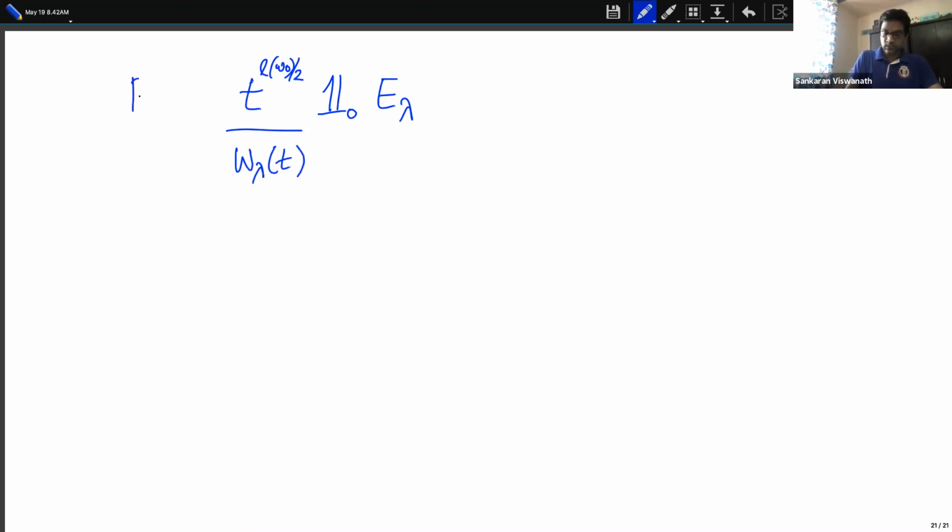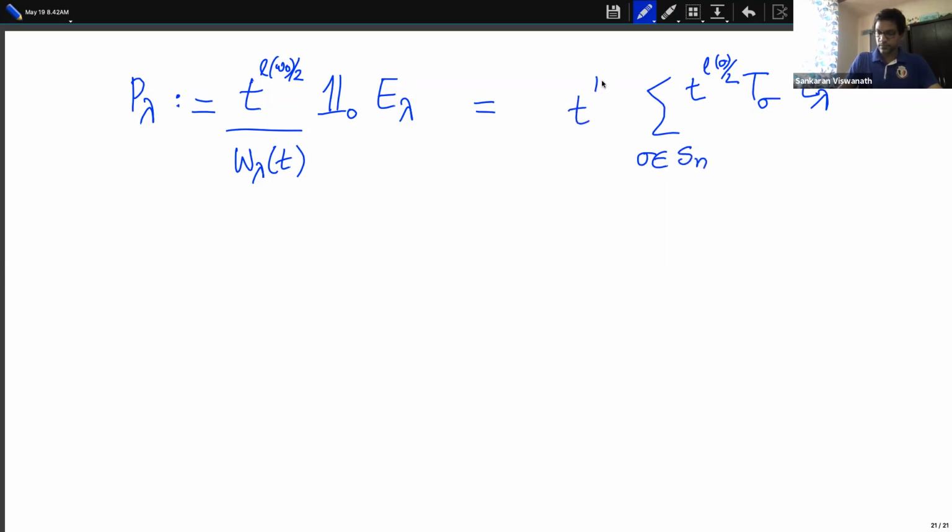So this is the definition of P lambda. What this actually involves is you take E lambdas, and then essentially you're applying the finite T sigmas to it, the elements of the finite Hecke algebra. Then there's a normalization here.